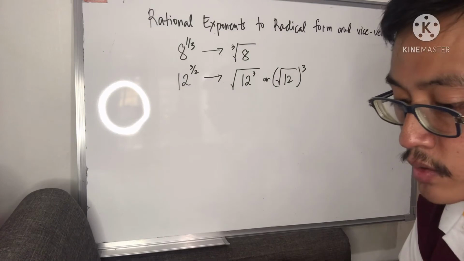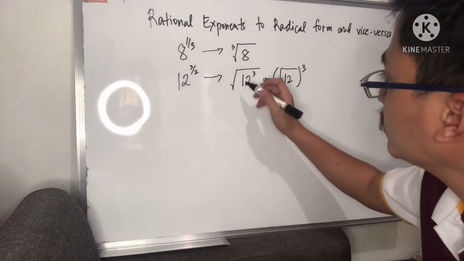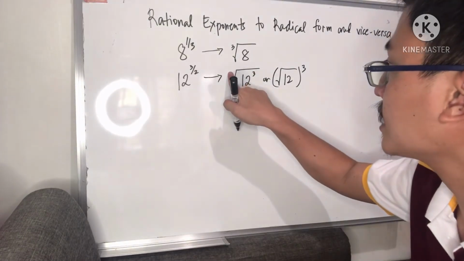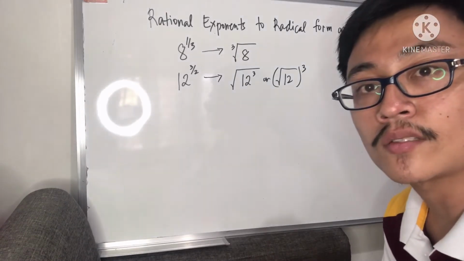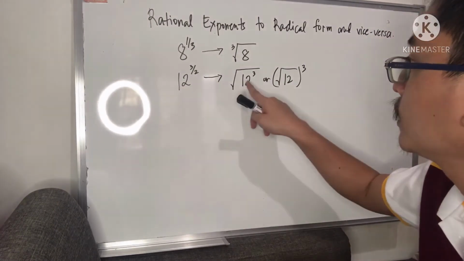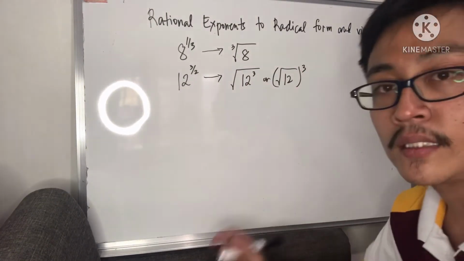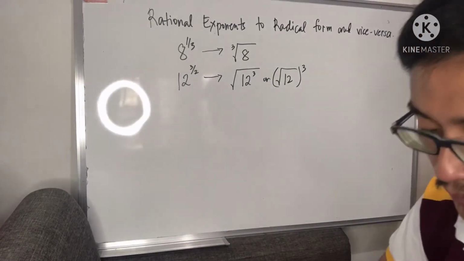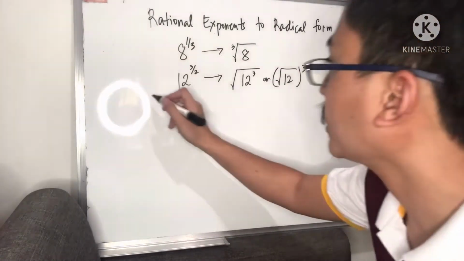Okay? So, pareho lang naman ng ibig sabihin niya. Usually, yun hindi na nilalagay, no? Na ganyan. No need na, kasi is understood naman, pag walang index, that is already square root. Okay, so the square root of 12 cube or square root of 12 quantity cube or raised to the third power. Okay, so that is how we write rational to radical.